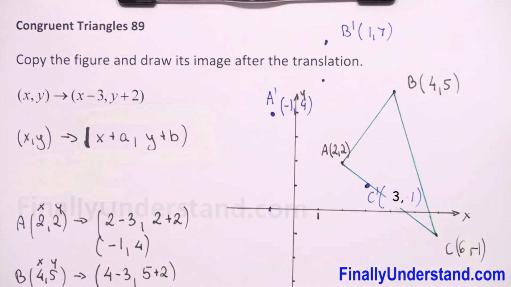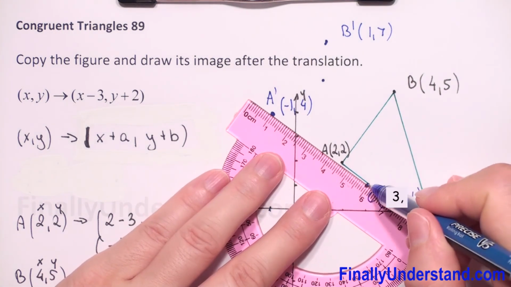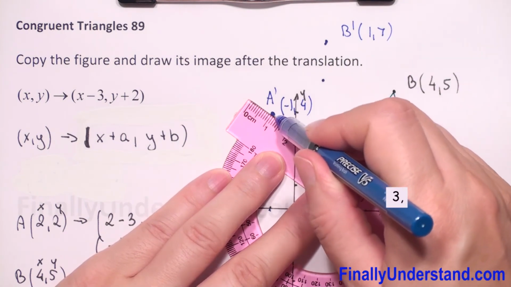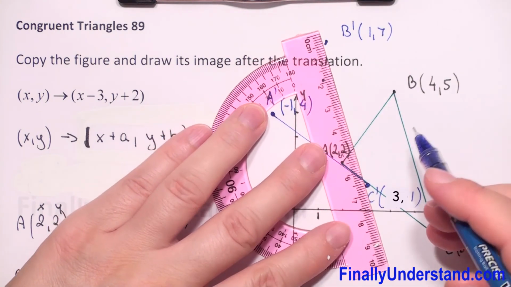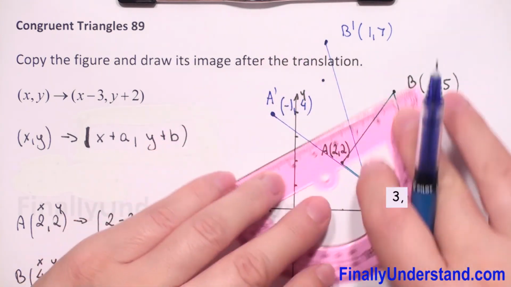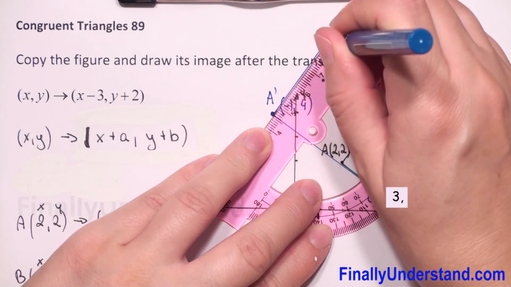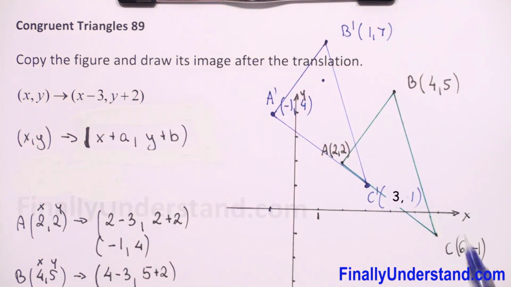So now if we connect these 3 points, we have our triangle, and we see that we moved our triangle to the left 3 units.